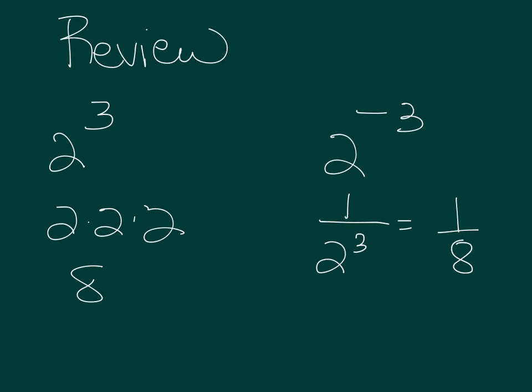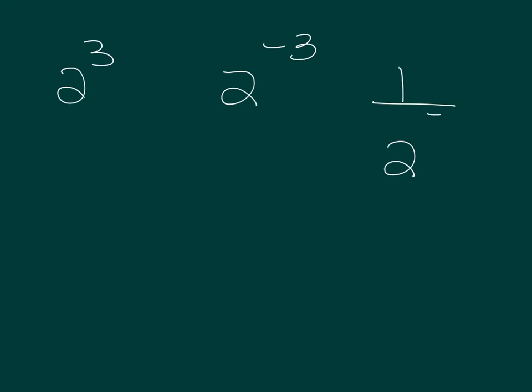Now, we're going to add 1 to our step. We just had 2 to the third, then we talked about 2 to the negative third. Now we're going to talk about what is 1 over 2 to the negative third. Okay, so 2 to the third is 8, 2 to the negative third is 1 over 2 to the third.